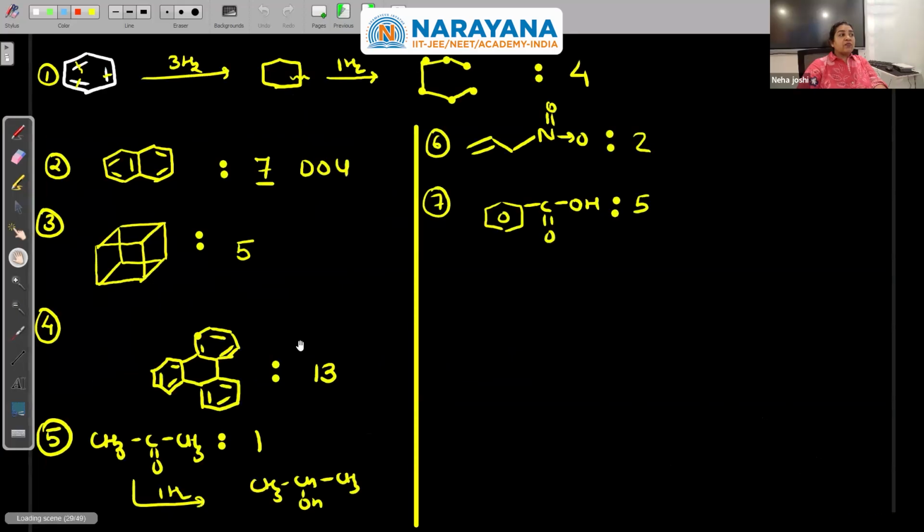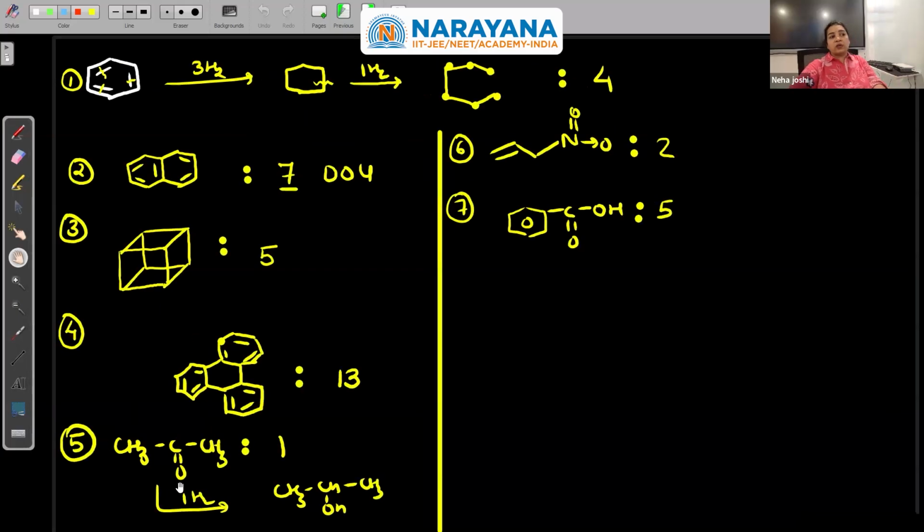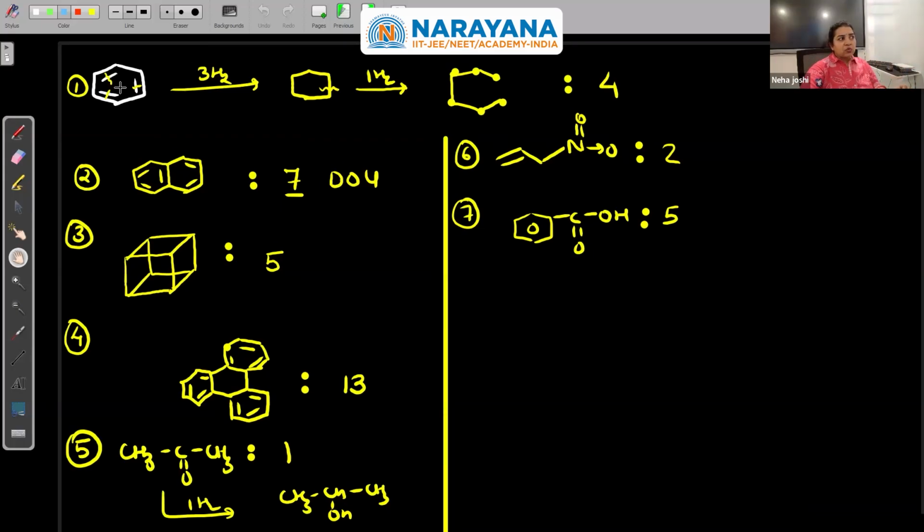But if you come across a structure, then it is your choice whether you convert it to the CXHY type formula and apply the formula, or you can directly go by, like for benzene, just remove the pi bonds. One pi bond will require two hydrogen atoms, one hydrogen molecule, so 3, and one ring opening, so total DOU is 4.